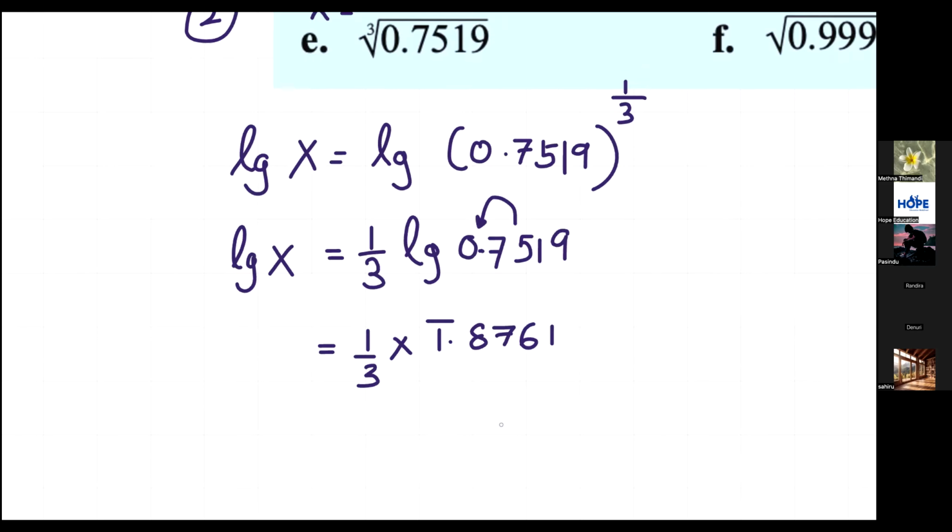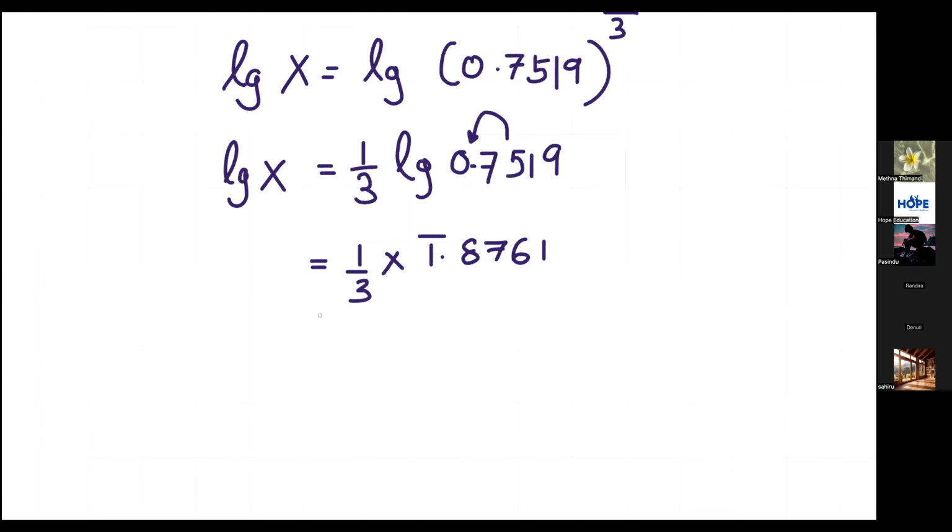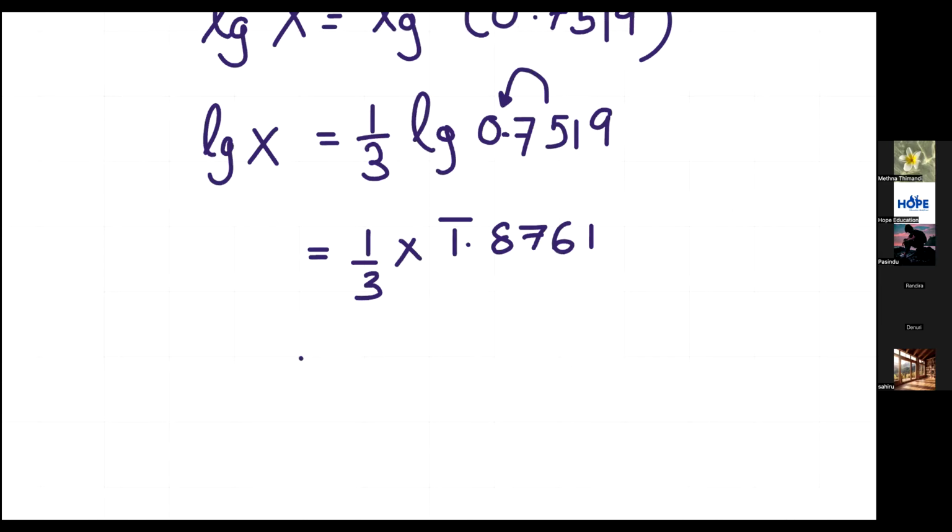Now I have to divide this. Before dividing, here I'm going to separate this into the characteristic and mantissa. Here the characteristic is -1, mantissa is 0.8761.